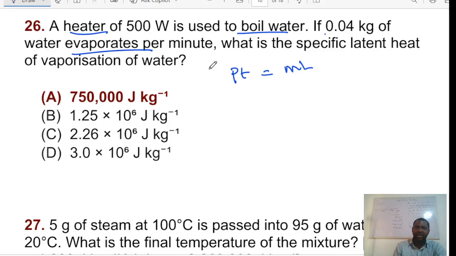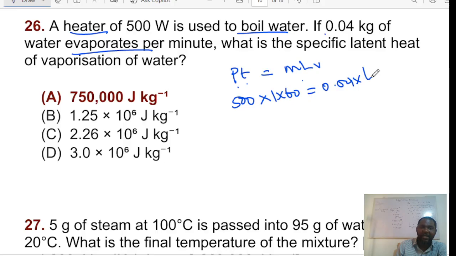So Pt equal to mL, but this L now is L_V, latent heat of vaporization. The power is 500. The time is per minute. Per minute means 60 seconds. So 1 times 60. The mass is 0.04. And the latent heat of vaporization is what we are looking for. So L_V is going to be 500 times 60 divided by 0.04.